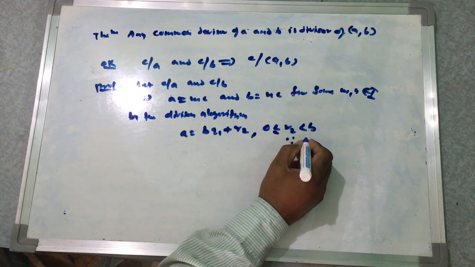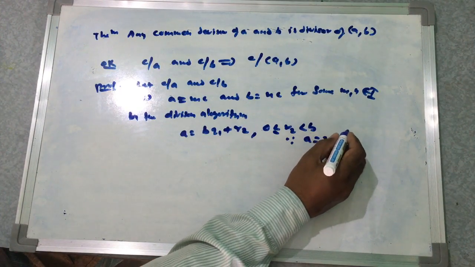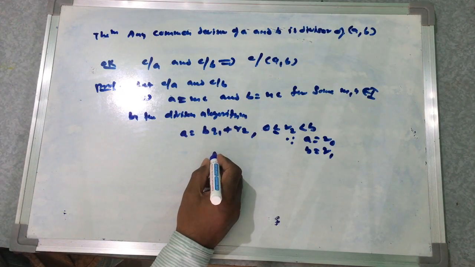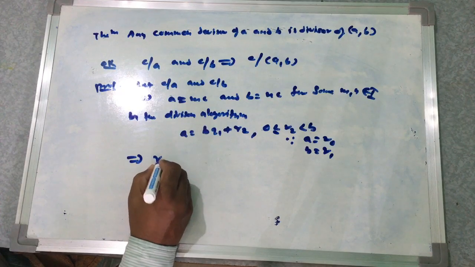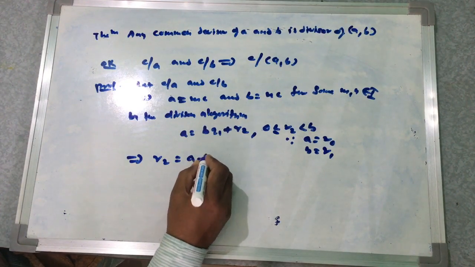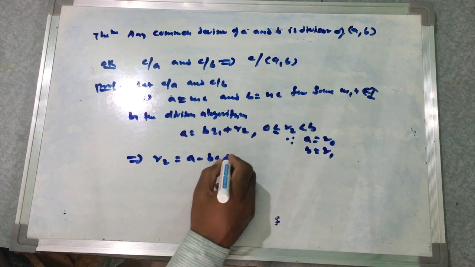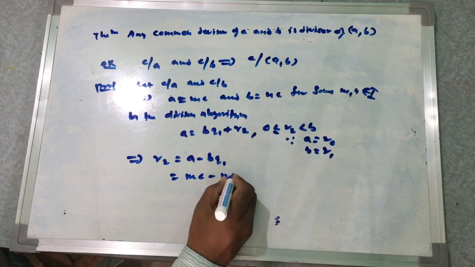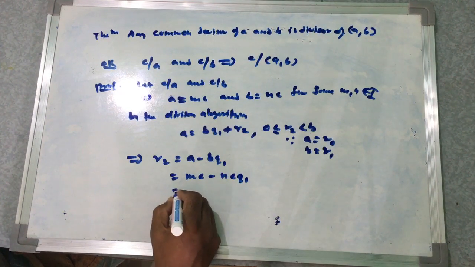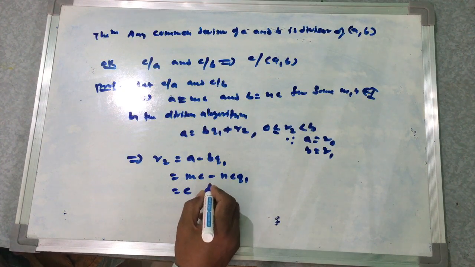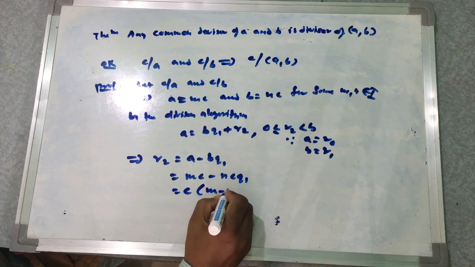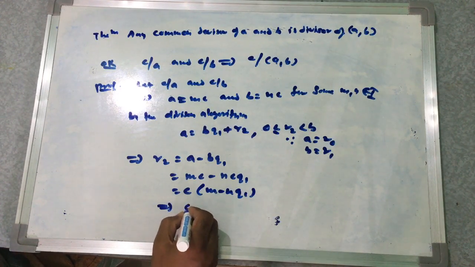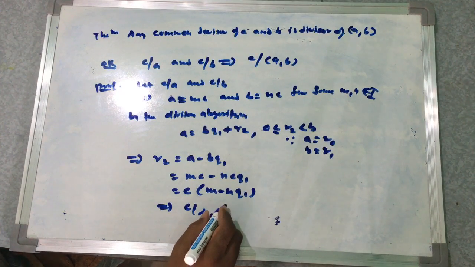It means a is equal to r0 and b is equal to r1. So it implies that r2 is equal to a minus bq1. This is equal to mc minus ncq1. Here c is common, so there remains (m minus nq1), that is c r2.